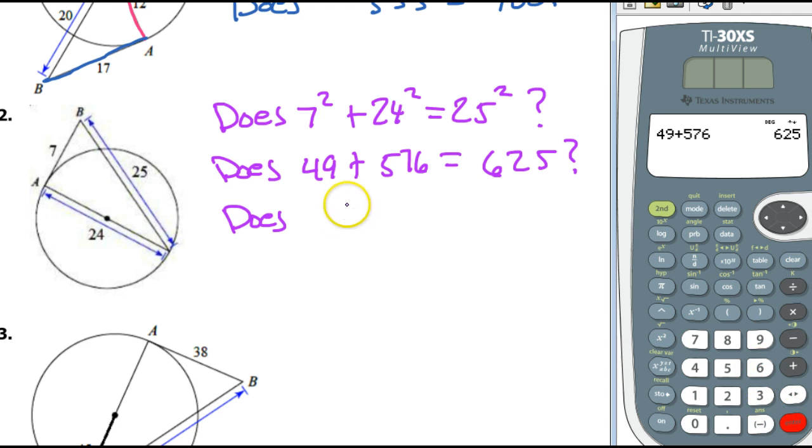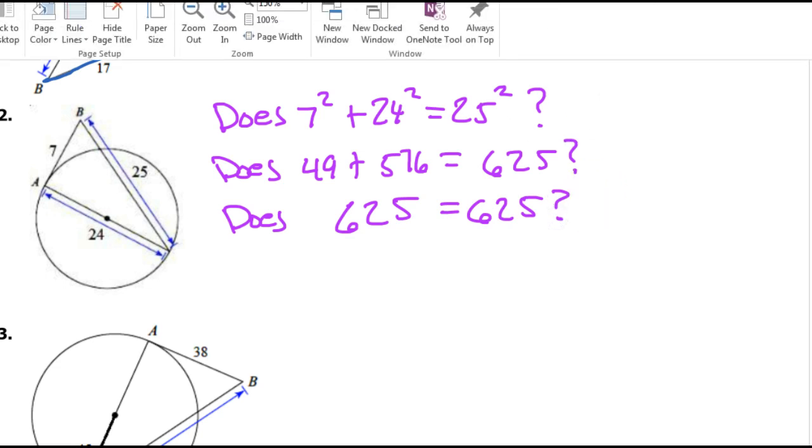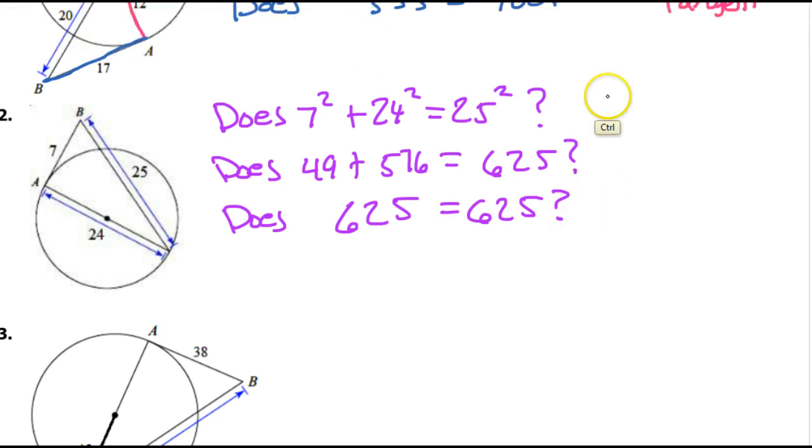Oh, look, it does. Does 625 equal 625? Yes. So segment AB is tangent.